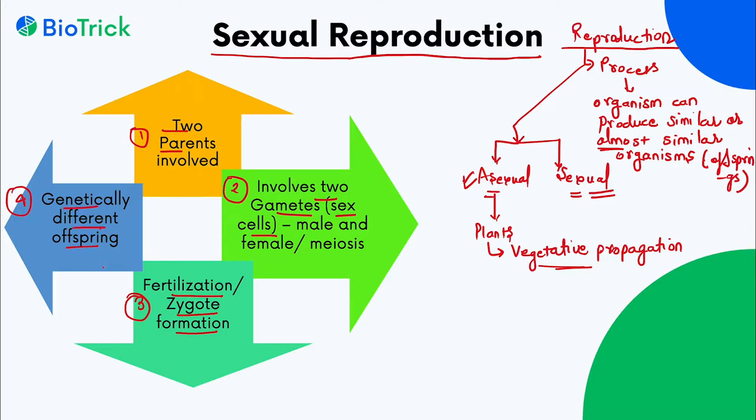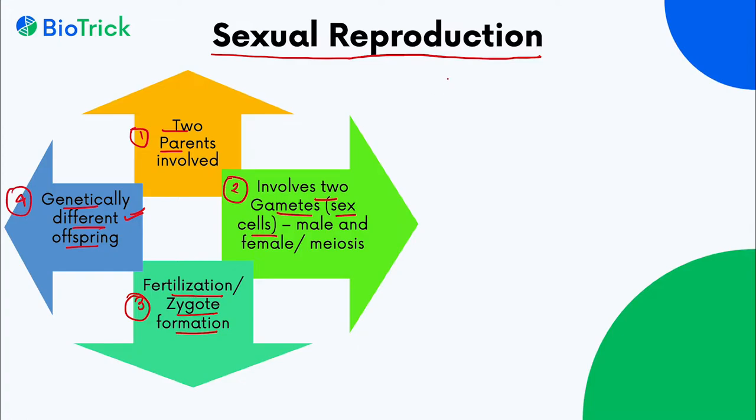That is, the offsprings or new organisms produced through sexual reproduction are genetically different. Let's now discuss all these features one by one. Our first feature is that it involves two parents. And which are these two parents? Male parent and female parent.